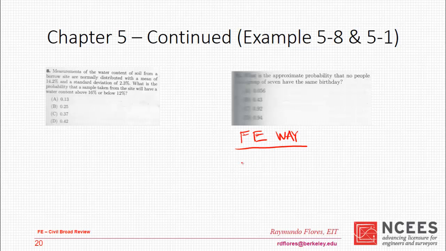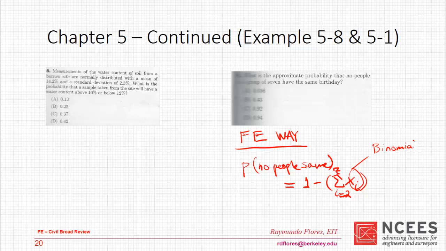So what you're going to do is you're going to say, okay, well, the probability that no people of a group of 7 have the same birthday is going to be equal to 1 minus the sum of the xi, such that i starts at 2 people, because there's no other way, to 7, such that this is a binomial thing, and then multiplied by 365, because this gets you the probability such that it's just for one birthday.